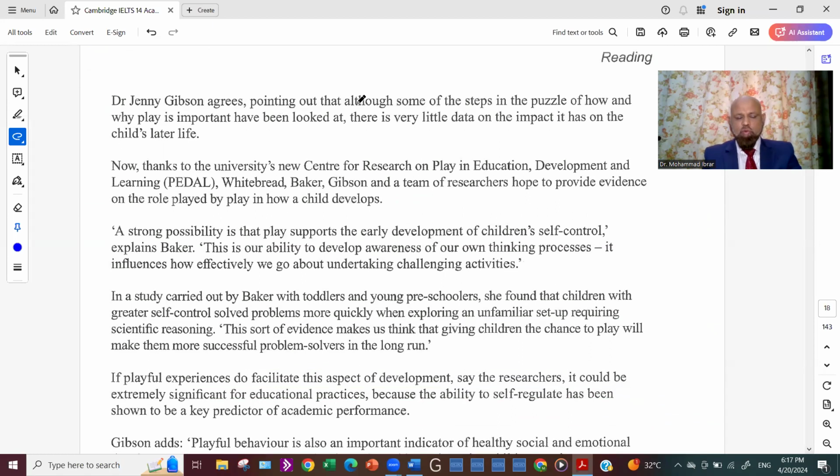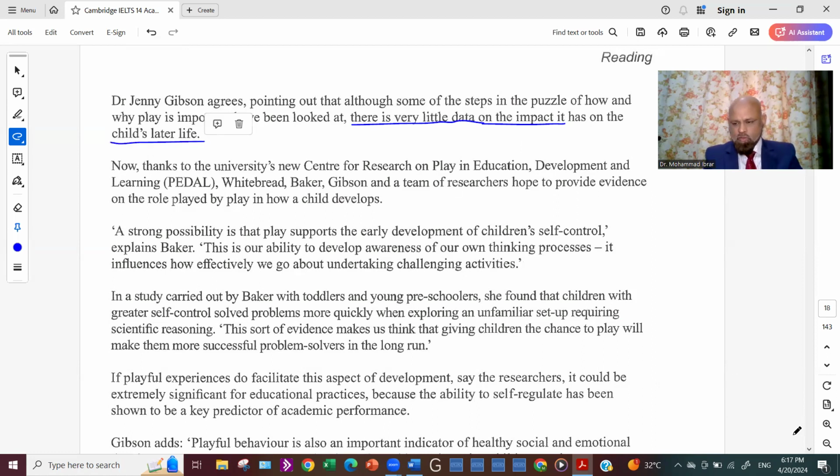Dr. Jenny Gibson agrees, pointing out that although some of the steps in the puzzle of why play is important have been looked at, there's very little data. So data is about research. They don't have enough data on the impact it has on the child's later life.